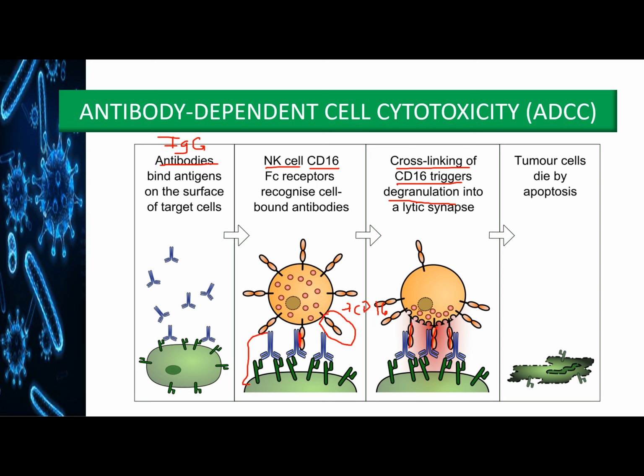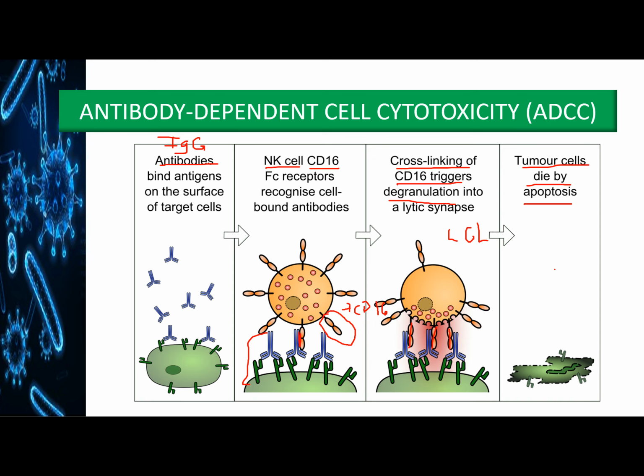So yung mga granules niya, diba, this is known as the large granular lymphocyte. Yung mga granules niya sa loob, maglalabas kayo class. Lalabas yan, it would now enter through the antigen, through the bacteria. And that would cause the tumor cell to die by apoptosis. So ulitin ko class, ADCC is a part of your NK cell on how it would destroy antigens, specifically with the help of antibodies such as your IgG.